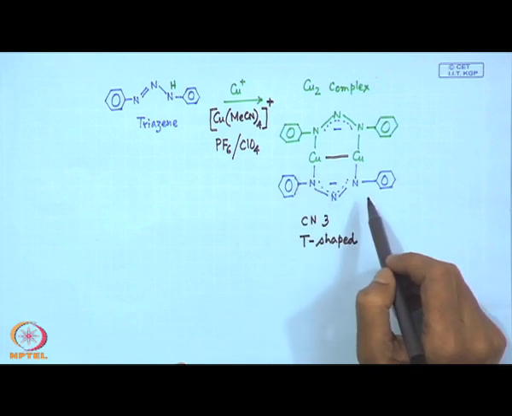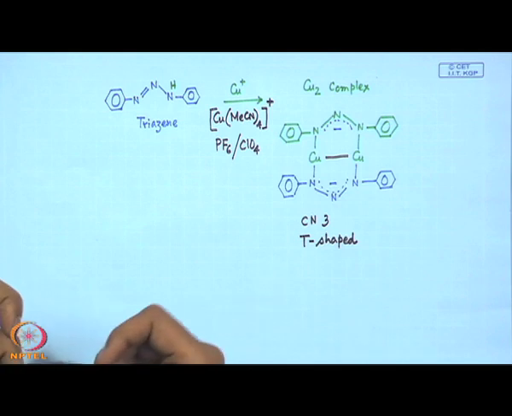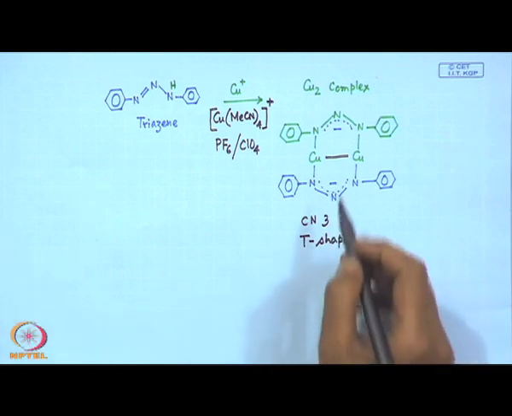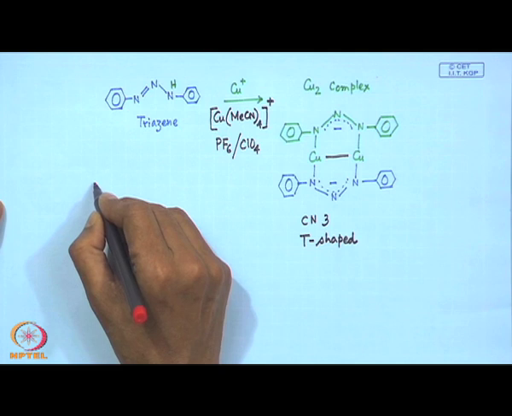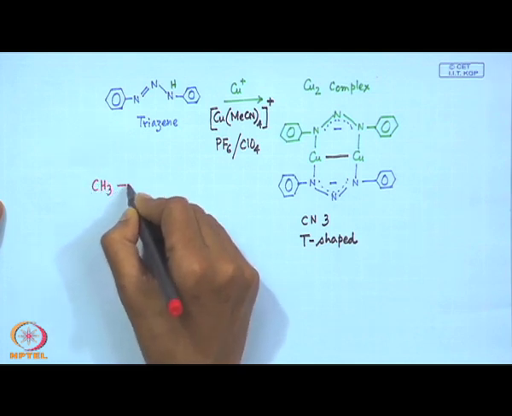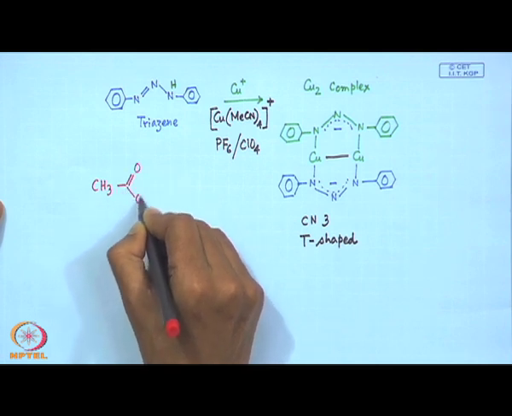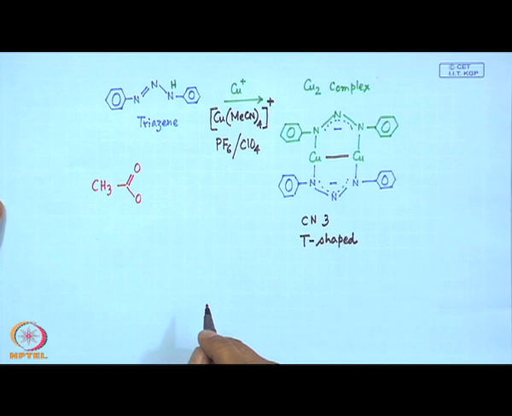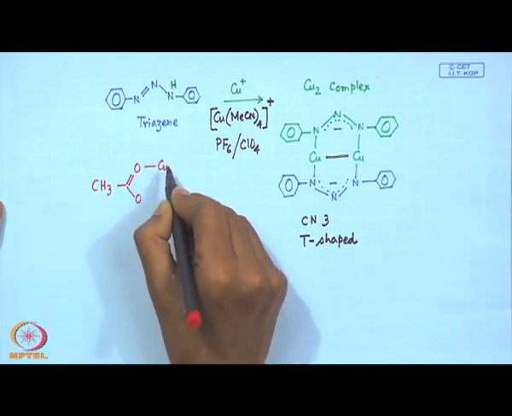Only if we have a copper complex, we get this particular geometry, and this type of binding is very common in copper chemistry. This triazine type of binding is also possible with the simple acetate group, and the acetate group also binds like this.